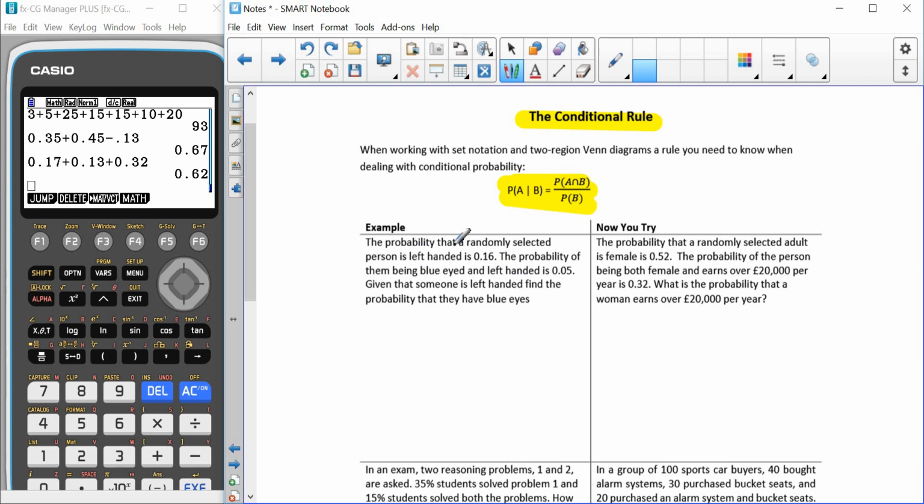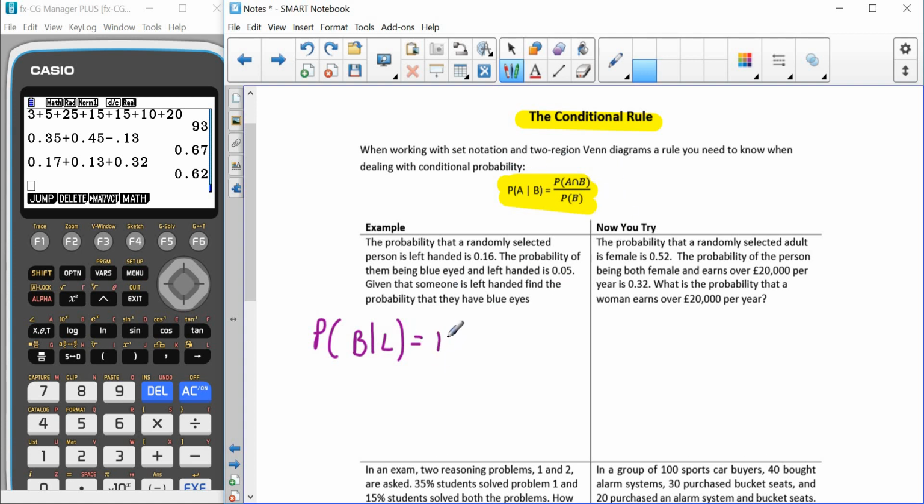So we have the probability that a randomly selected person is left-handed is 0.16. The probability of them being blue-eyed and left-handed is 0.05. Given that someone is left-handed, find the probability that they have blue eyes.